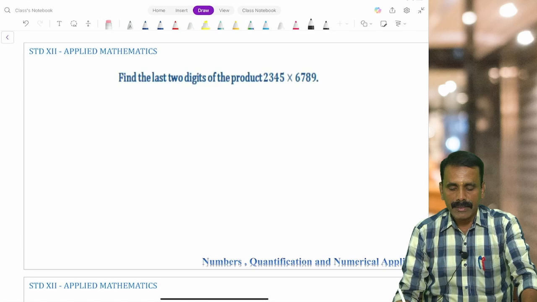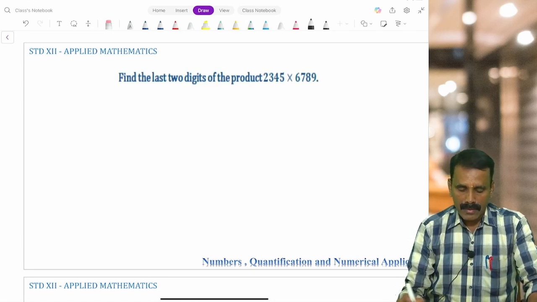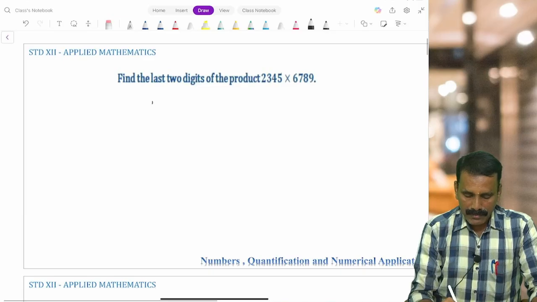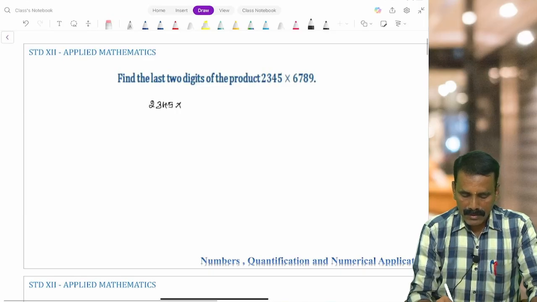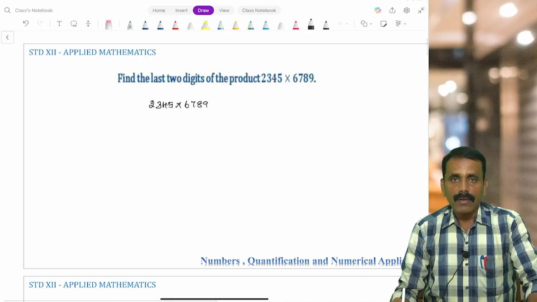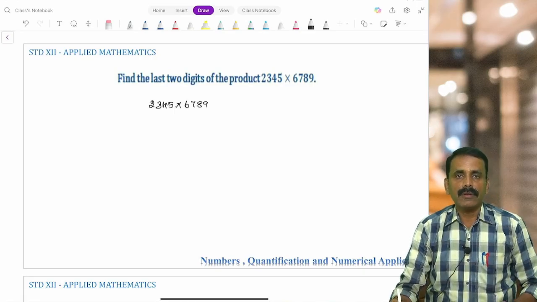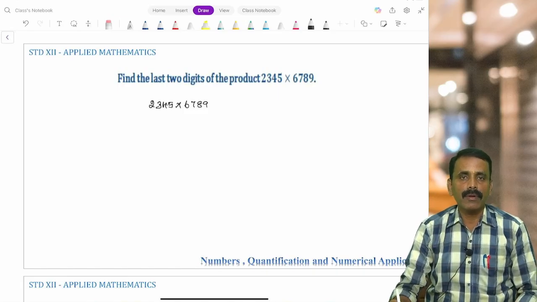2345 multiplied with 6789. So we are going to find the product 2345 times 6789. It is a 4-digit number multiplied with a 4-digit number. We are not going to concentrate on the product of the two numbers.